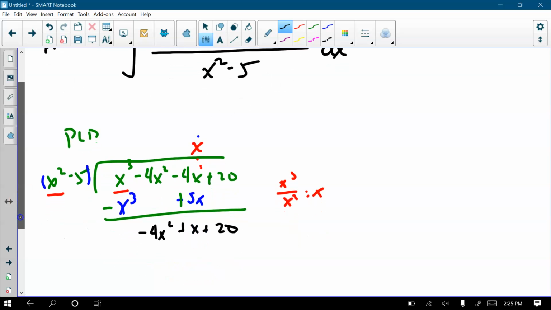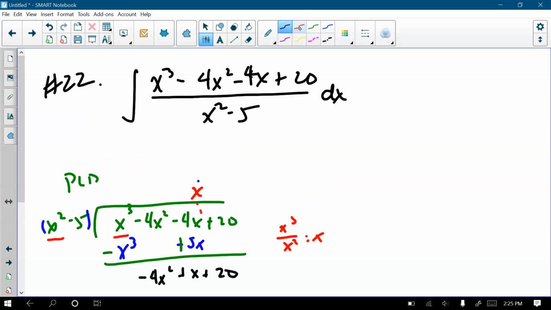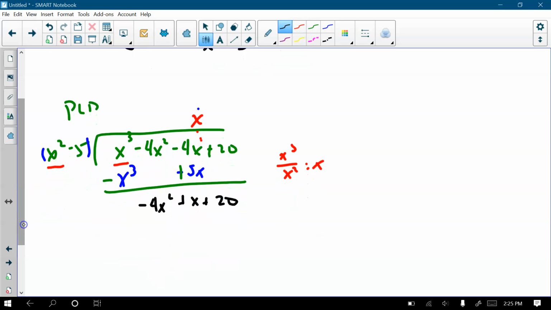And you repeat. So let's repeat here, because our job right now is to just integrate this. So now I get negative 4x squared over x squared, which is equal to negative 4. So let's do minus 4. Let's take this part and multiply it times the whole thing.